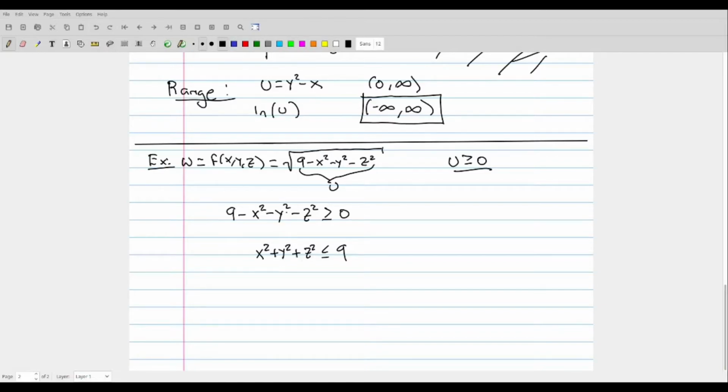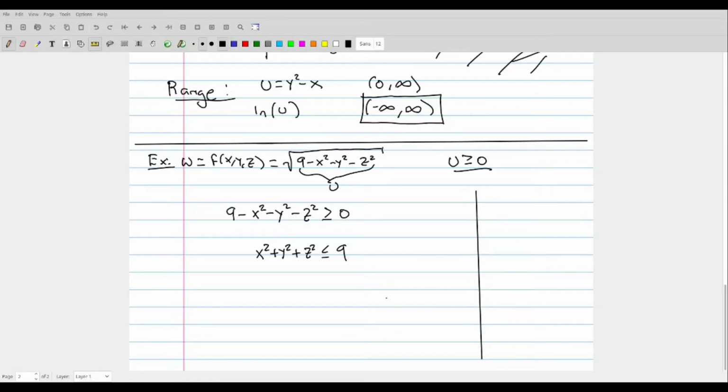And you might be wondering what points in 3D this represents. But we can make a nice plot to figure out exactly what this represents.